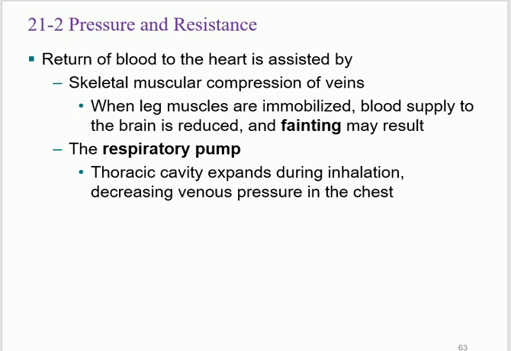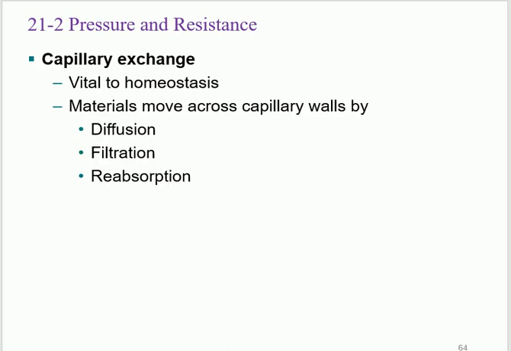There is the negative intrathoracic pressure. It sucks it up, but we call that the respiratory pump. And you should remember this term specifically, respiratory pump. This is what pumps the blood up, most of the time against gravity. Otherwise, there is muscular contraction and the valves.